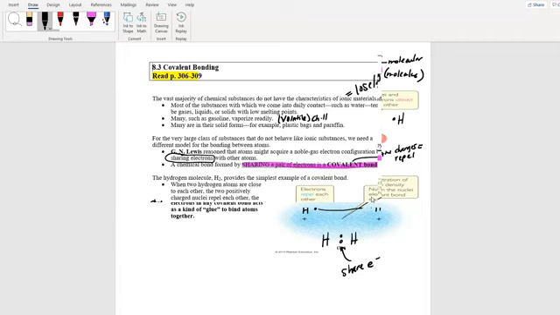Okay? Because it's H and H, the same element, it is shared equally. Now this is going to mean a lot when we get to 8.4: how do we know if it's shared equally or not? And what does that mean if it's not shared equally? Right now, because both elements are the same, those two electrons are shared equally.